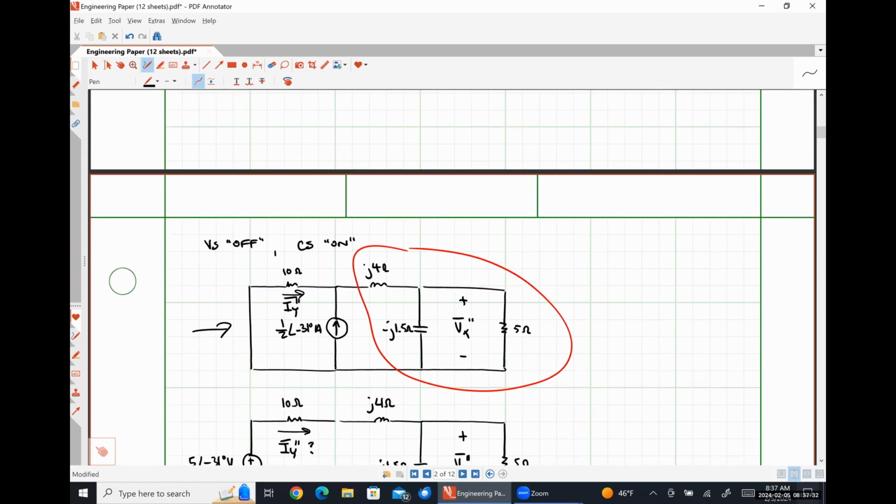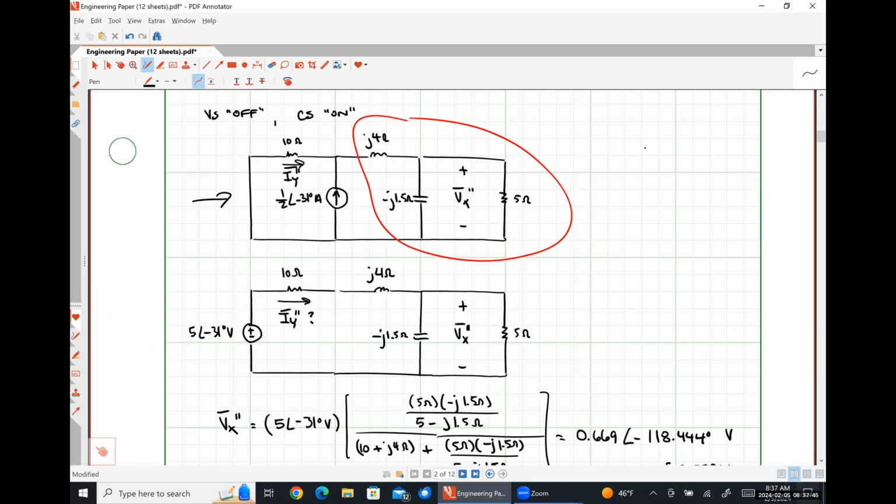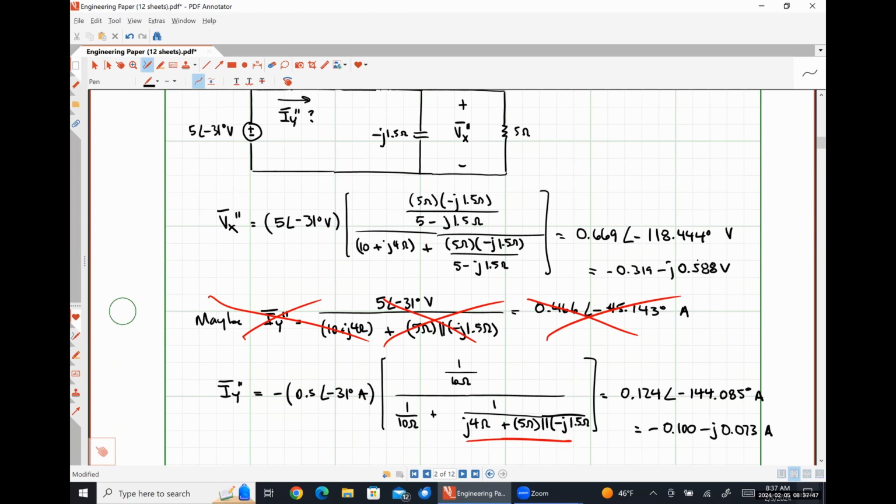So if I scroll up here to Vx prime, I had 1.606 with an angle of negative 66.444. To that, I'm going to add 0.669 with an angle of negative 118.444.